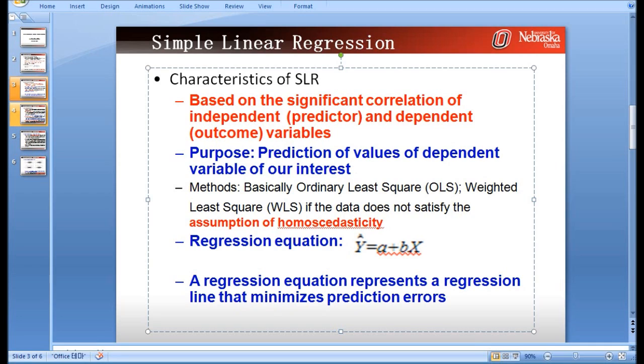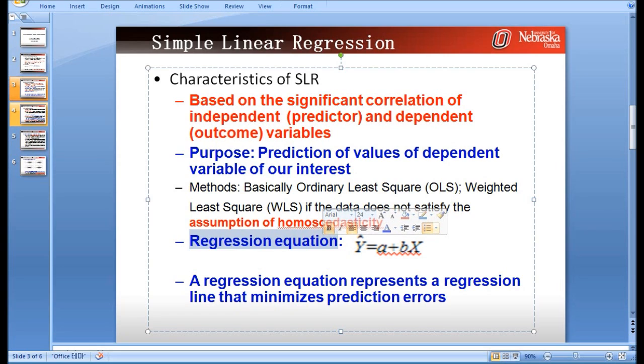A simple linear regression equation looks like this. Y hat equals a plus bx. Y hat is the predicted value of the dependent variable.